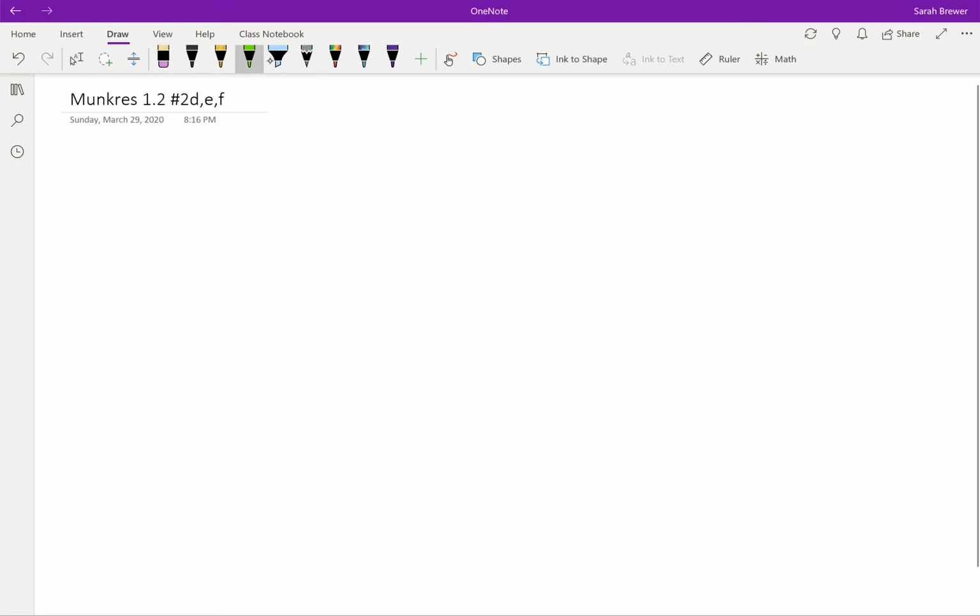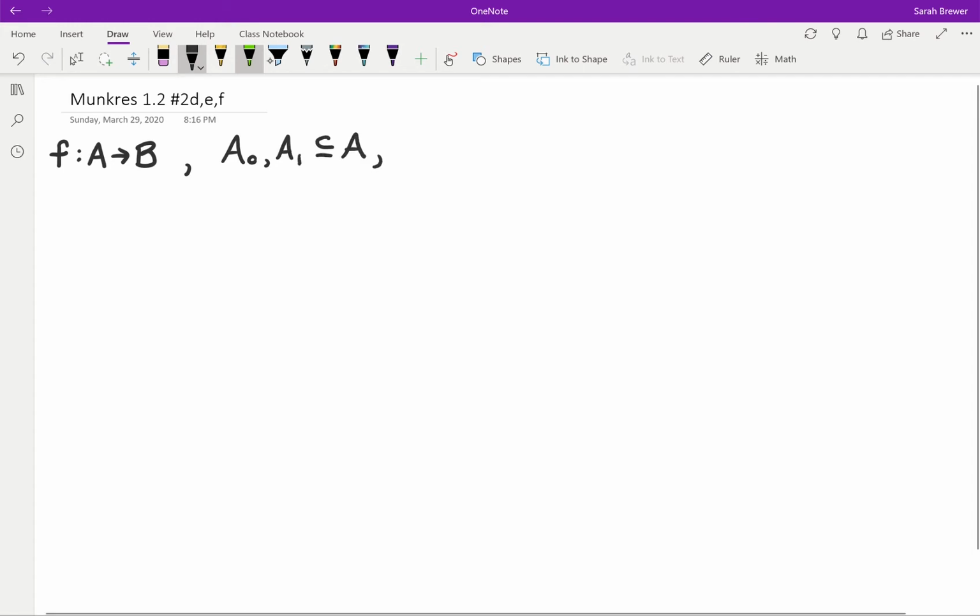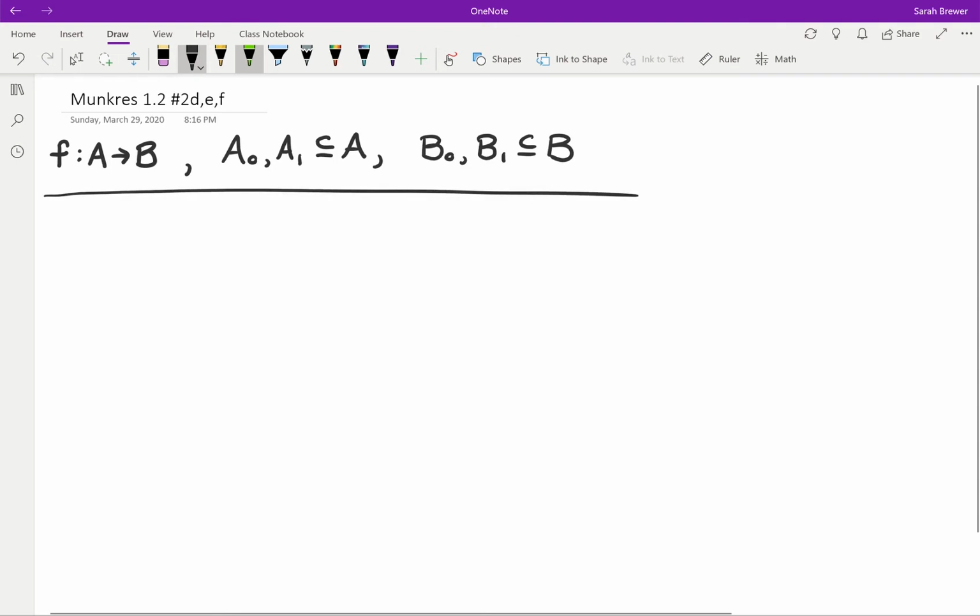And for all of these problems, we're assuming f is a function from A to B, that A0 and A1 are subsets of A, and that B0 and B1 are subsets of B.